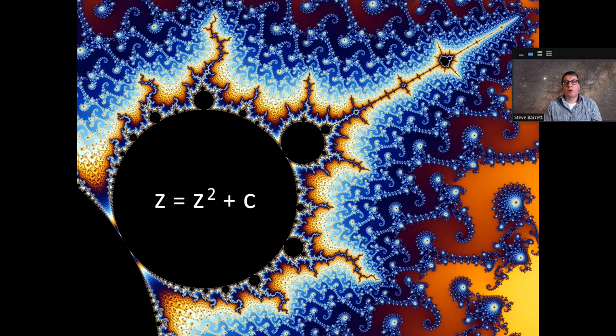Z equals z squared plus c is the only bit of maths you need to generate every pixel in the infinitely complex Mandelbrot set. So the point I'm making is, even though we look into the universe and it appears to be very complicated and very complex, that does not mean that the underlying rules of the game that we are trying to understand are necessarily beyond our comprehension.